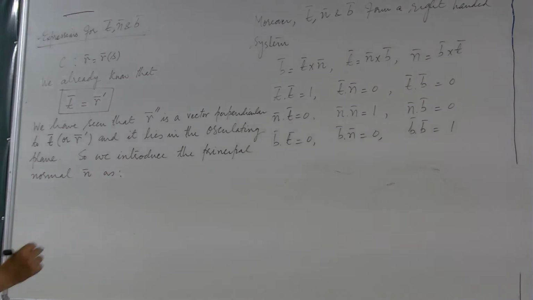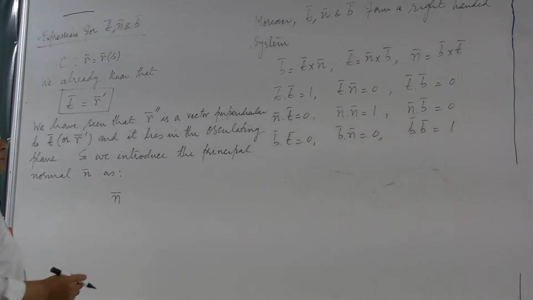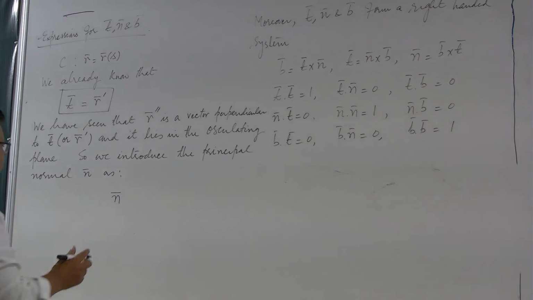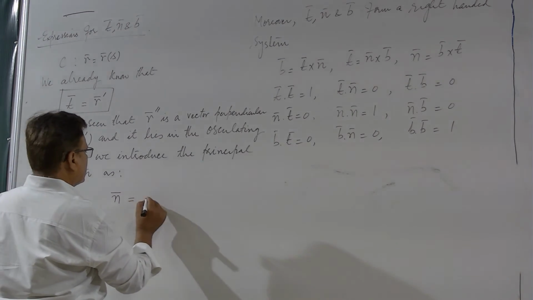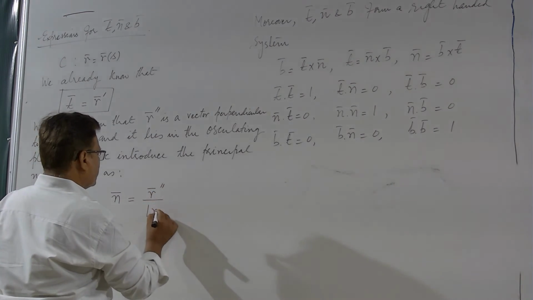So, this becomes my definition. N is a vector which I assume is perpendicular to T and B both, and it lies in the osculating plane. So, this is how I look at the principal normal.